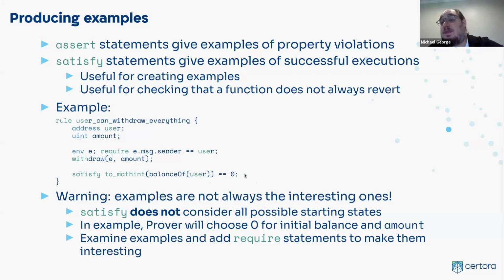And so often it'll produce examples that you think are kind of dumb. For example, if I were to run this rule, the prover might just choose a scenario where the user's balance was initially 0 and they withdraw 0 tokens. And then of course their balance afterward is 0. So this doesn't prove to me that my withdraw method is working correctly. It just gives me one example of the withdraw method doing one thing that I want it to.